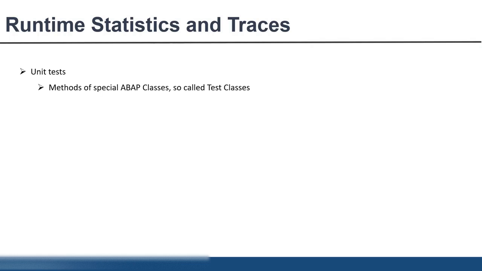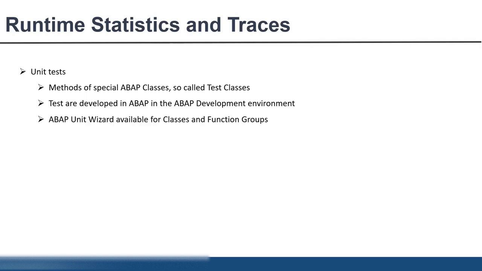These are special classes, also called test classes. These are developed in the ABAP development environment, and SAP provides wizards to create these ABAP unit test classes for ABAP classes and function groups, and it can be implemented in the tested development.